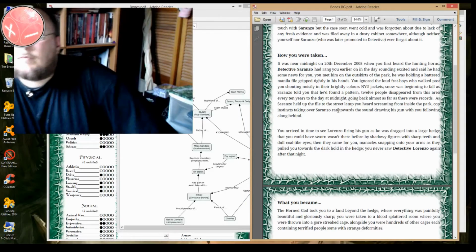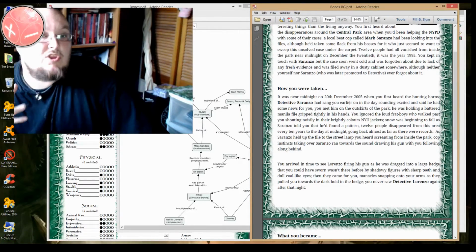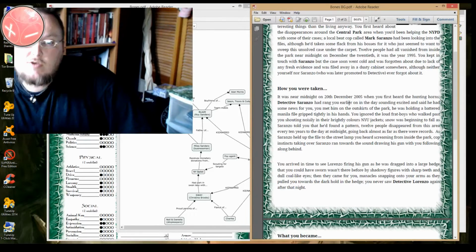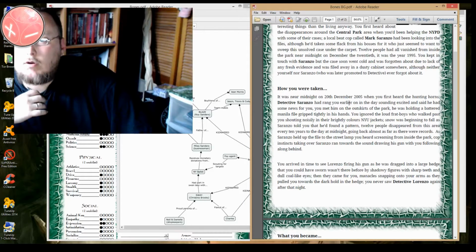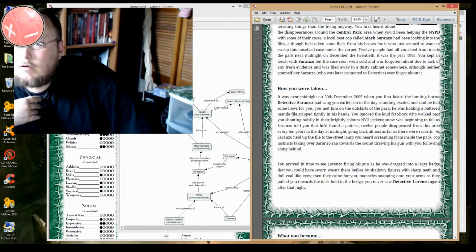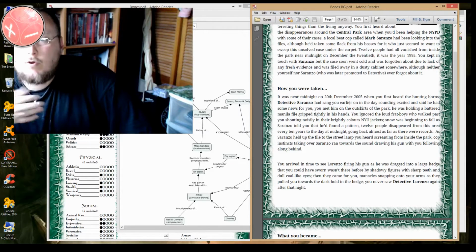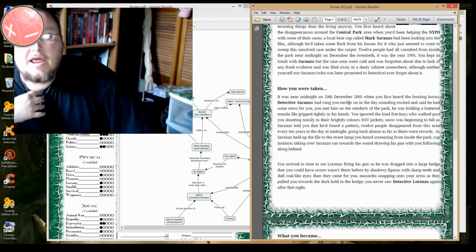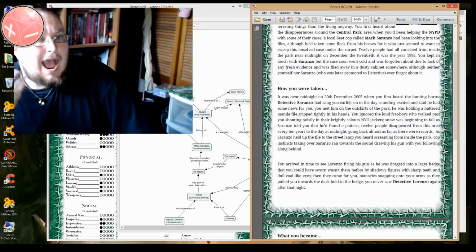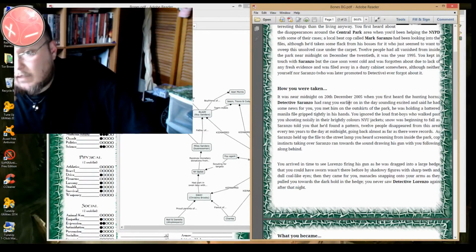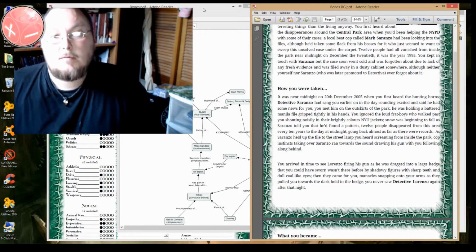So we find out that Saranzo originally looked into the people vanishing temporarily in Central Park, but the case went cold and was forgotten about. Saranzo eventually contacted Bones, saying that he had some news for him, holding a battered manila file gripped tightly in his hands, and proceeded to lay out the incidents that had occurred, and then obviously was interrupted by them being kidnapped.